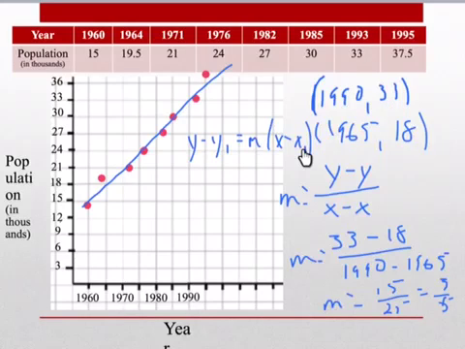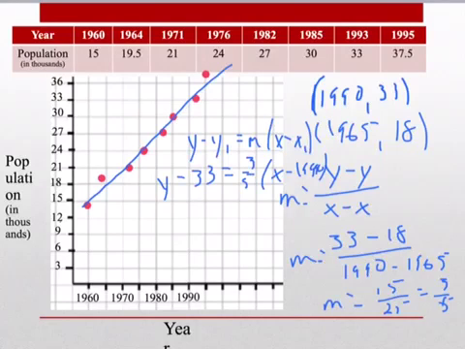We're going to take the x1 and replace it with this 1990. We'll take the m and replace it with 3 over 5. Okay, so we'd have y minus 33 is equal to 3 over 5 times x minus 1990.